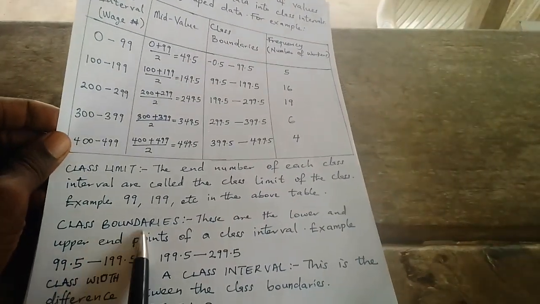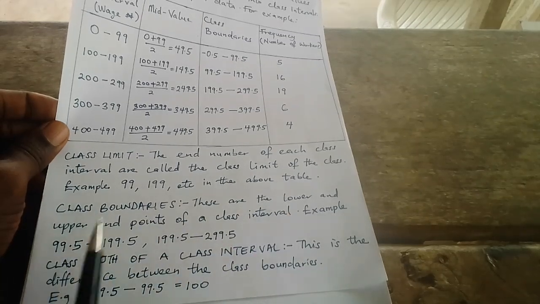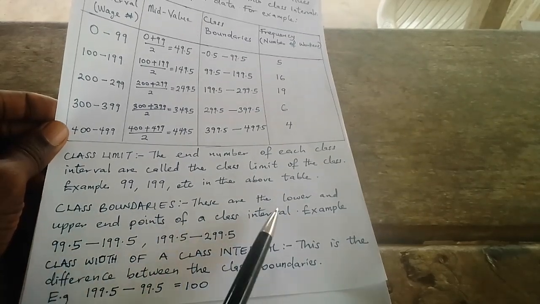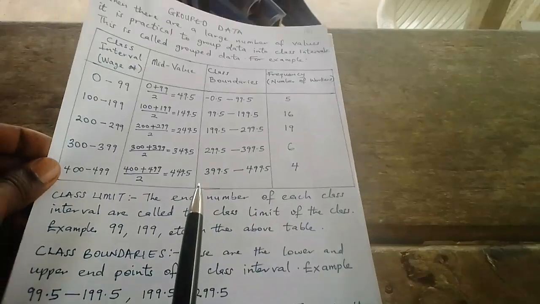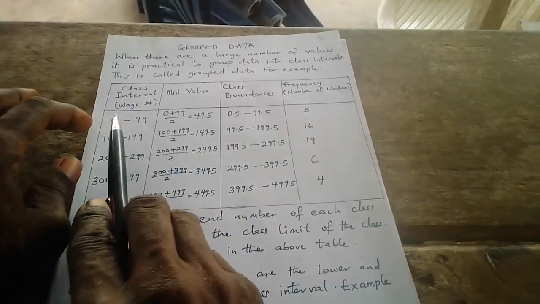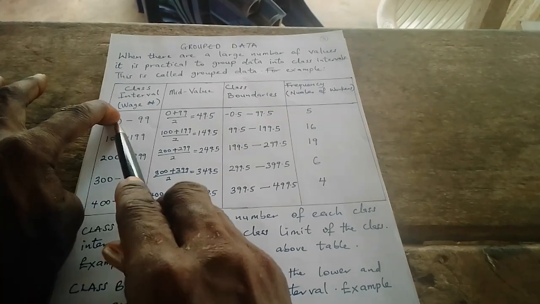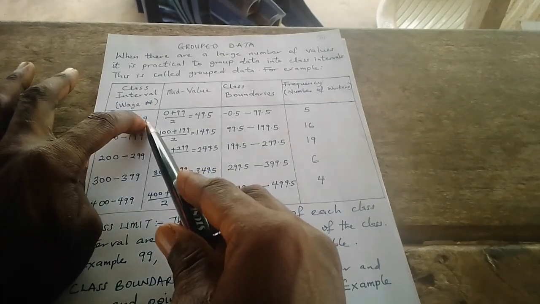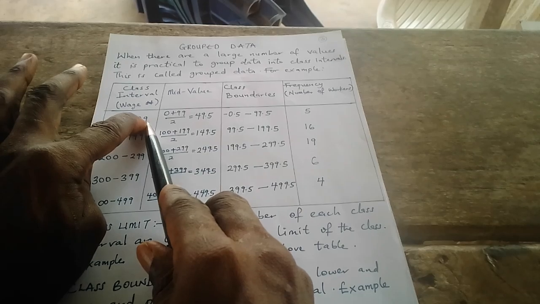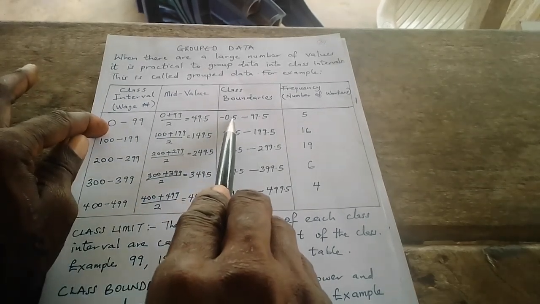Then we have the class boundaries. The class boundaries are the lower and upper end points of a class interval. For the class boundary, you subtract 0.5 from the first limit, then for the end limit, add 0.5 to it. If you subtract 0.5 from 0, you get minus 0.5.